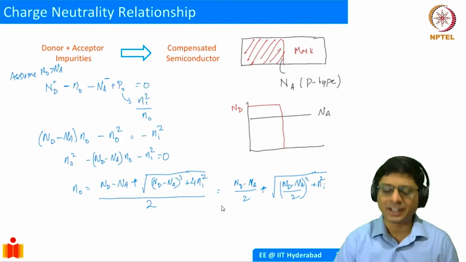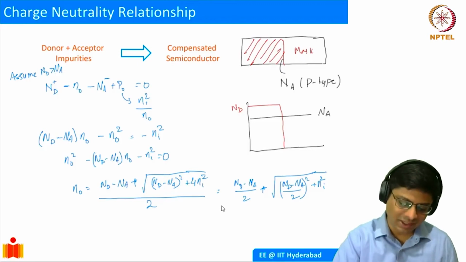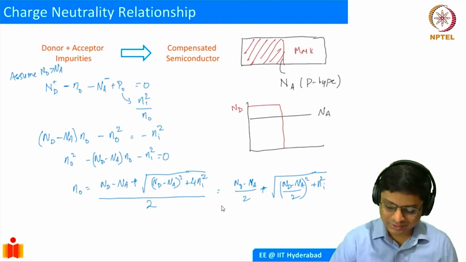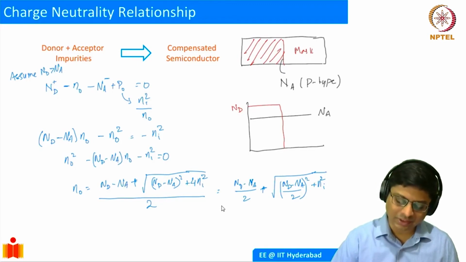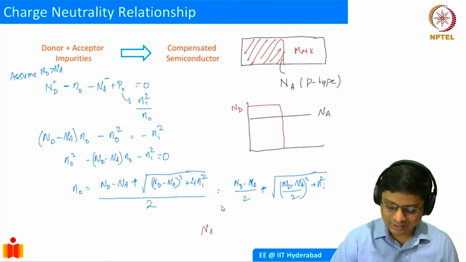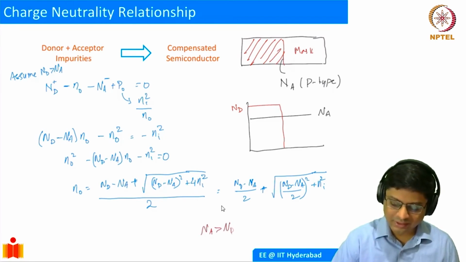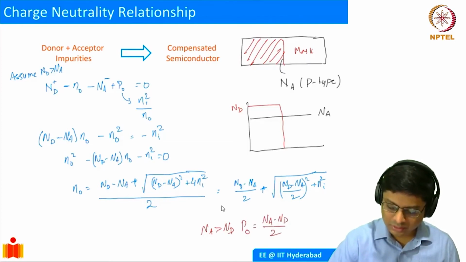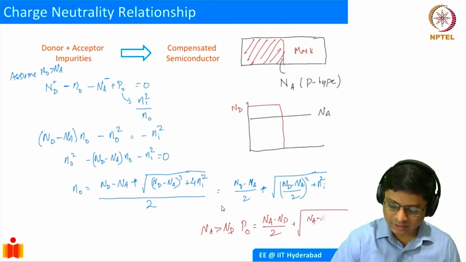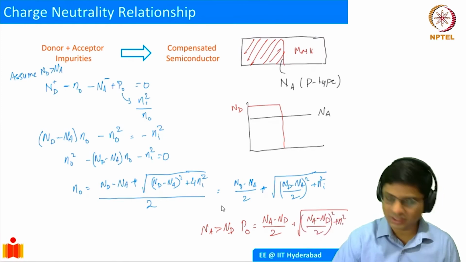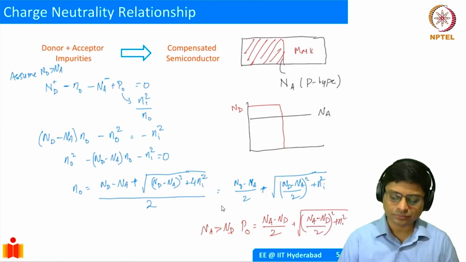And if I have Na greater than Nd, I will not prove it, but I will write: then P naught is going to be equal to (Na minus Nd) divided by 2 plus square root of ((Na minus Nd) divided by 2) whole square plus Ni square. You could verify it. It will work out to be correct.